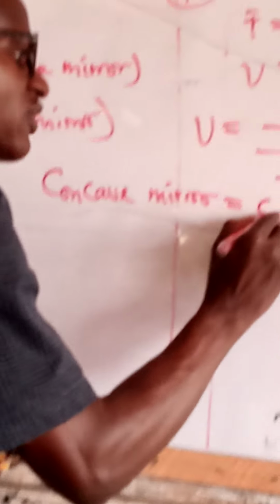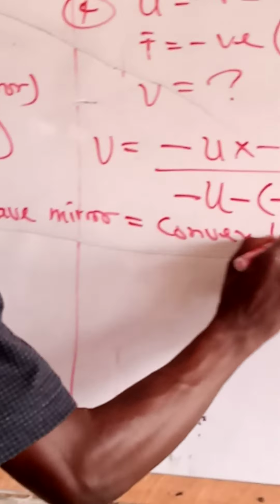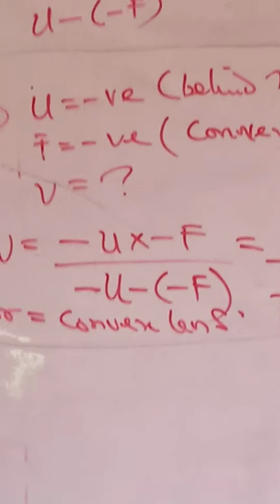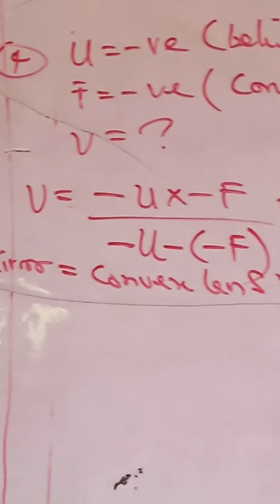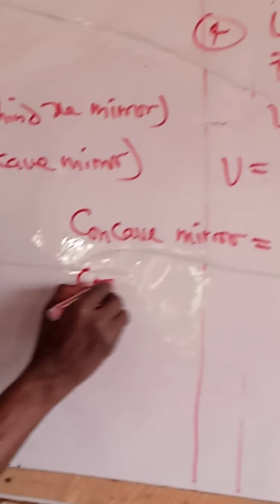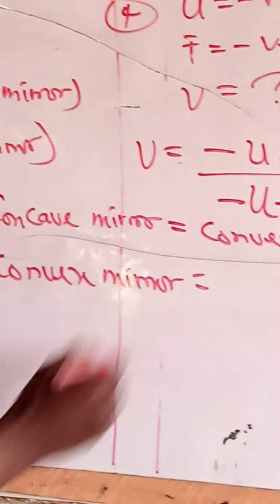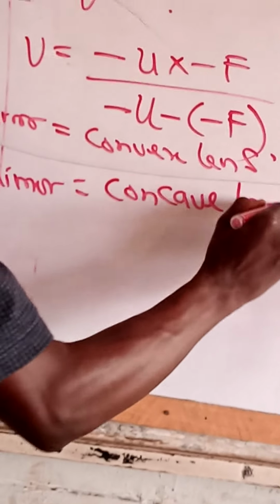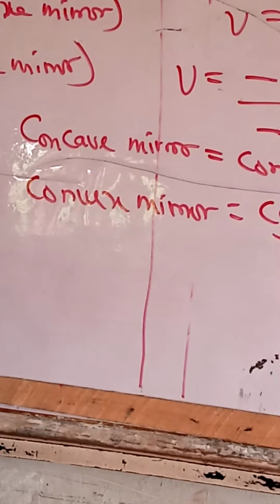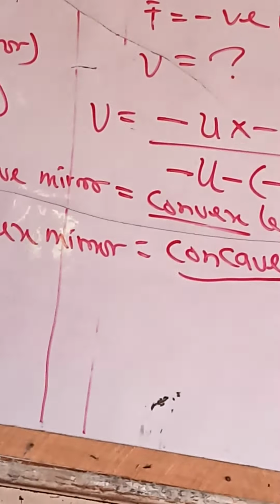Now take note, our concave mirror, we said it is converging. It's equivalent to a convex lens. This is where usually we trick most of the students. Our convex mirror is equivalent to what we call the concave lens. Now, you see, this is our concave lens and this is our convex lens.